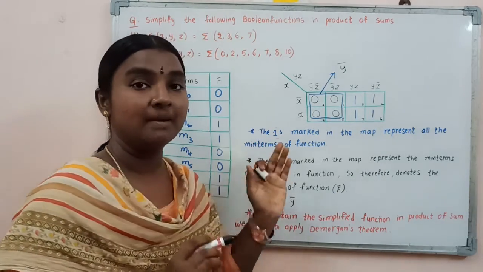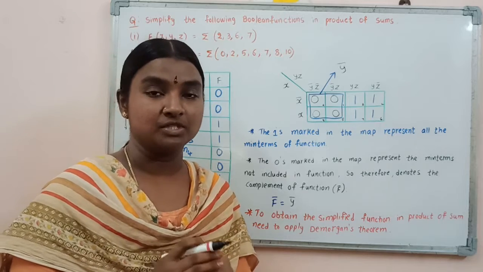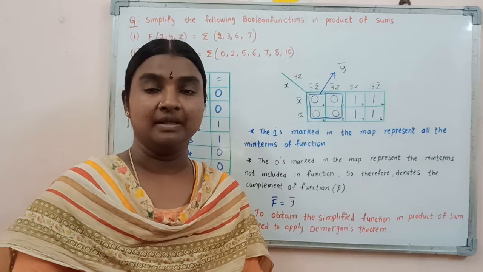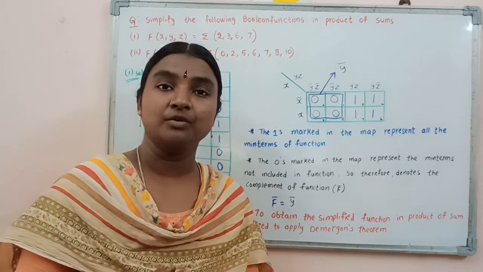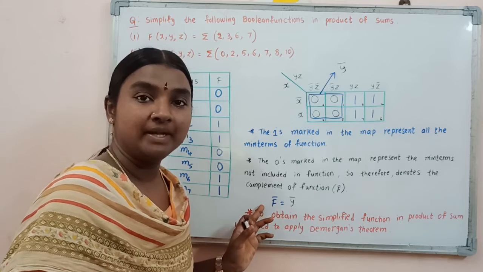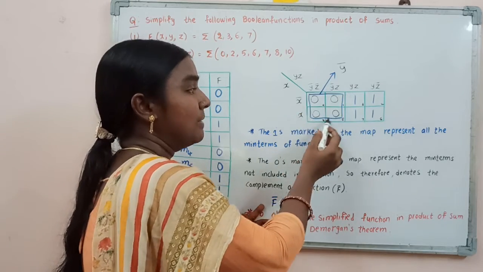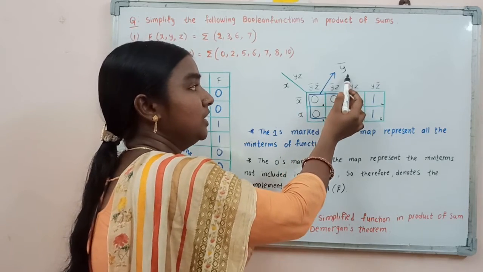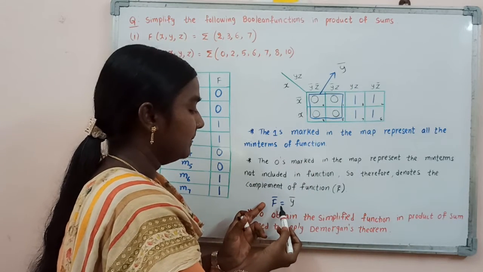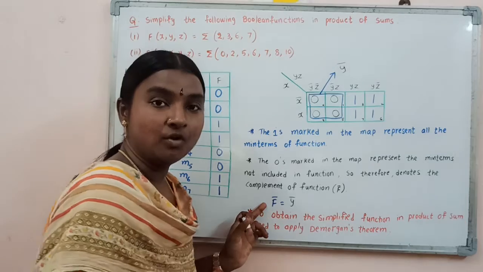When we combine adjacent zeros, it gives a prime implicant, and with that prime implicant we find F complement. Here we are able to form only one group, which is Y complement, so F complement will be equal to Y complement.